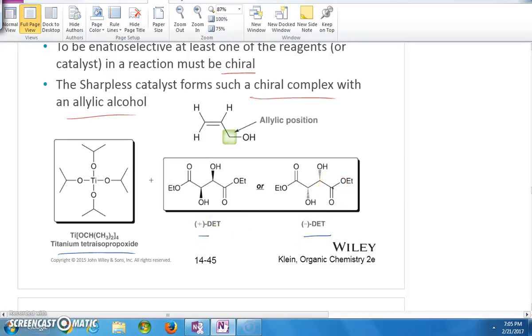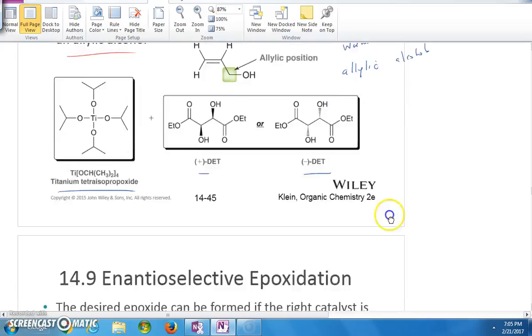But the requirement is that this reaction works only for allylic alcohols. Okay, and I think it's because of the presence of that OH where it can chelate nicely.